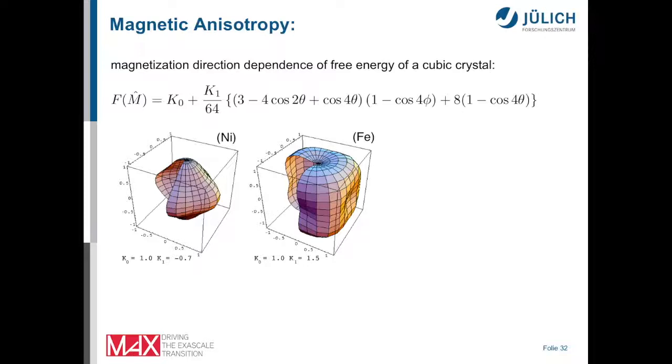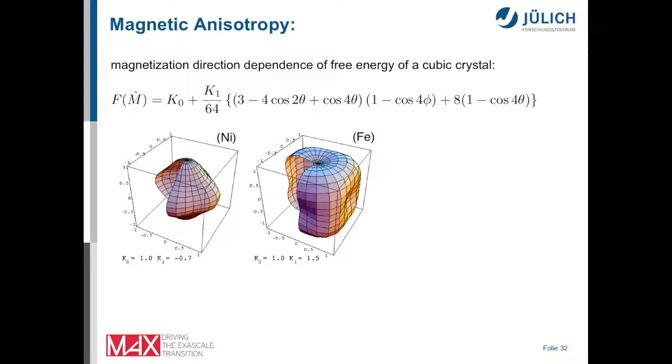So phenomenologically, this looks for a system like nickel and iron like this. This would be the total energy as a function of different spatial directions. This would be the analytic form.